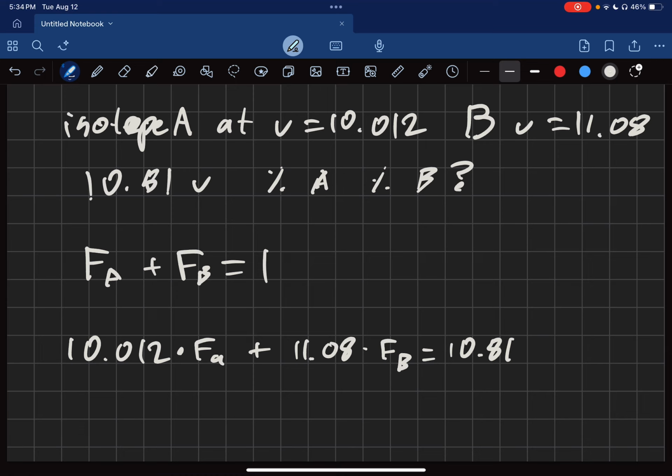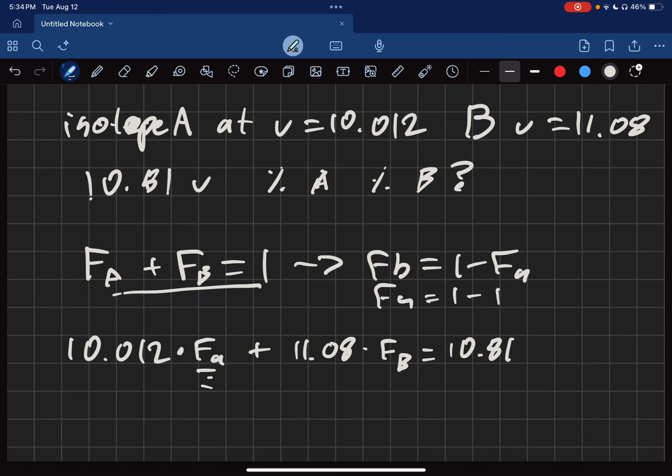So now at this point, we can substitute something in for this FA. We can rewrite this: FB equals 1 minus FA, and FA equals 1 minus FB. These are both true. So instead of writing FA, we're going to write 1 minus FB. Let's go ahead and do that.